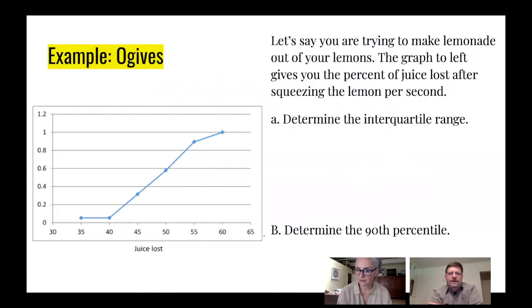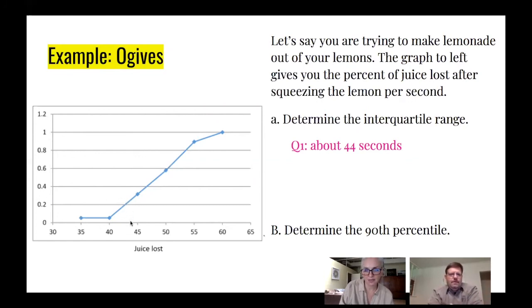Well, the interquartile range is between 25% and 75%. So I need to find those percentages along the vertical. Yep. So we need the middle 50%, remember? So we need to know what's 25%. So Q1 is 25%. It happens at about 44 seconds.